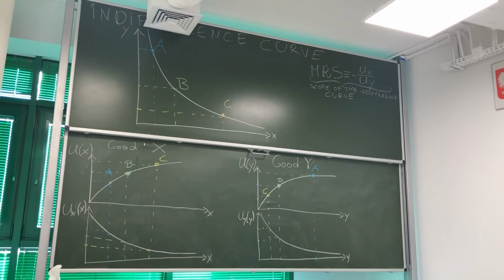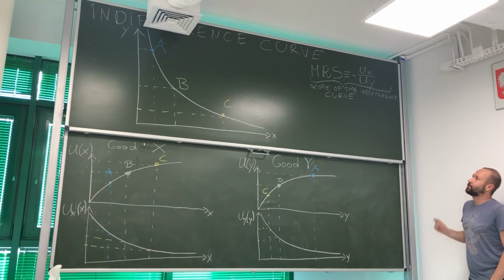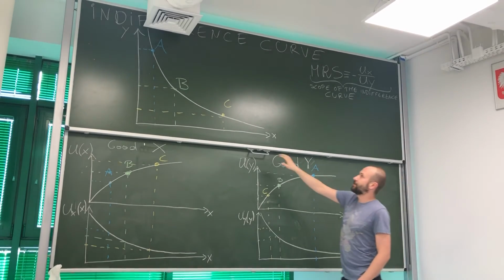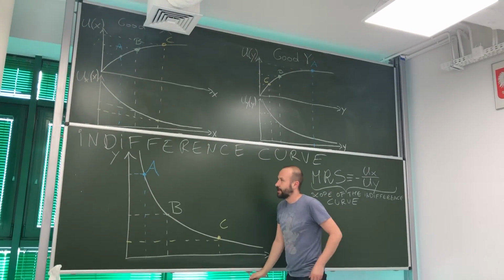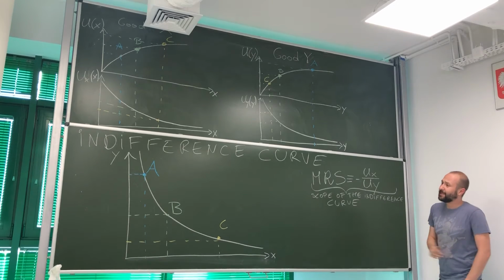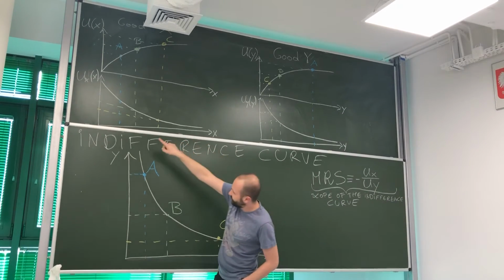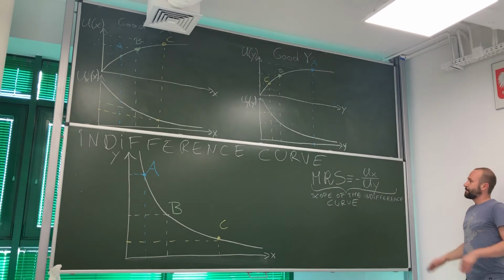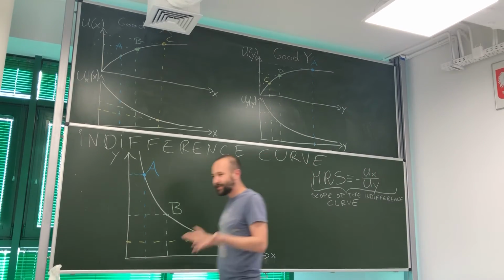So, the board actually changed, and now we are ready to derive the indifference curve. And look, I'm going to start by showing you how the indifference curve looks. It looks like that, right? It is a convex function. We have a decreasing convex shape, and it is downward sloping.